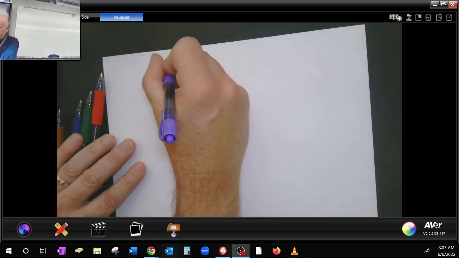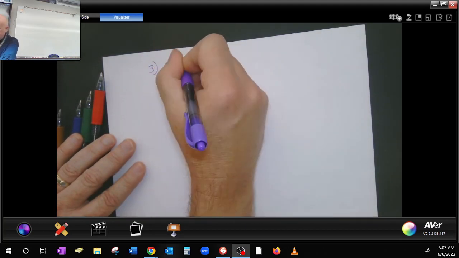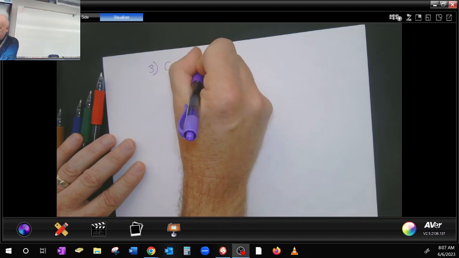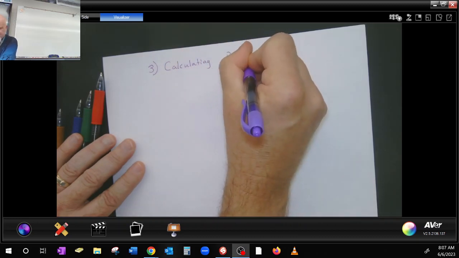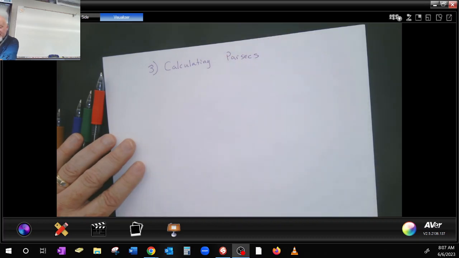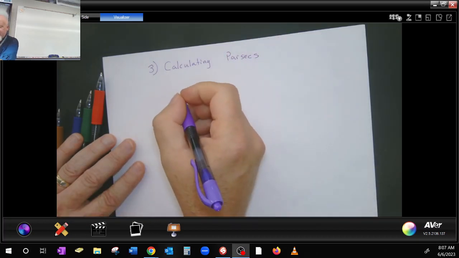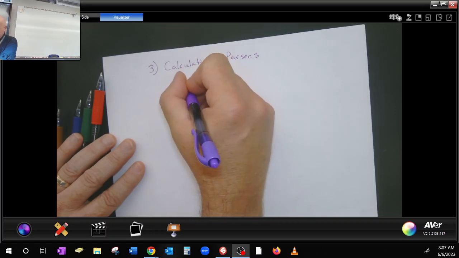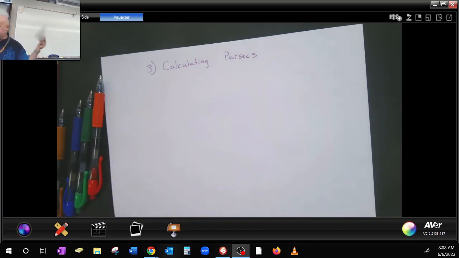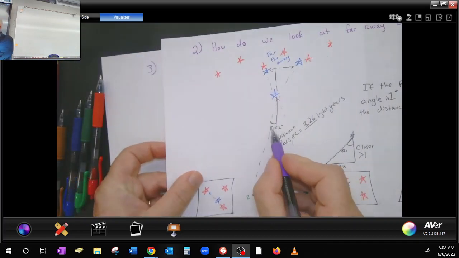How do we calculate how many parsecs it is? It's actually pretty simple. You got to figure out the parallax angle. All right, so this angle right here.